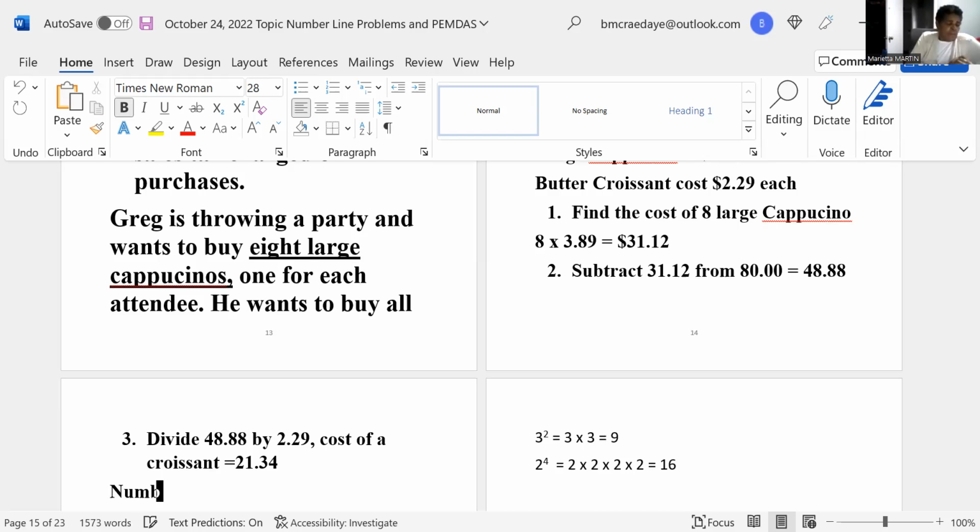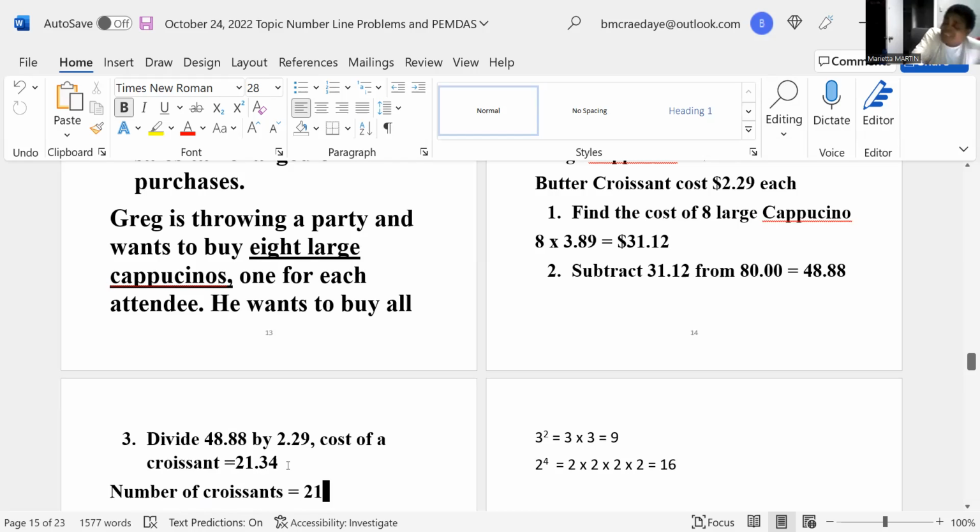You can't buy a fraction of a croissant, so you can only buy 21. Yeah, because you can't buy part of a croissant. You buy the whole croissant. Even though this came out at 21.34, you don't have enough to buy 22.